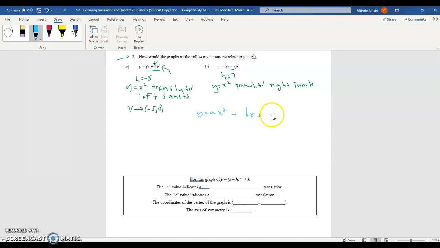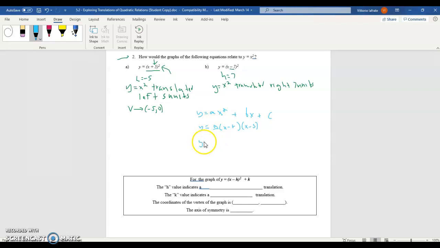If you had your factored form, it would look like this: a(x minus r)(x minus s), where the r and the s are your zeros. This value here would be your a in the front. You could expand to get back to the standard form and find your a if you needed to as well.